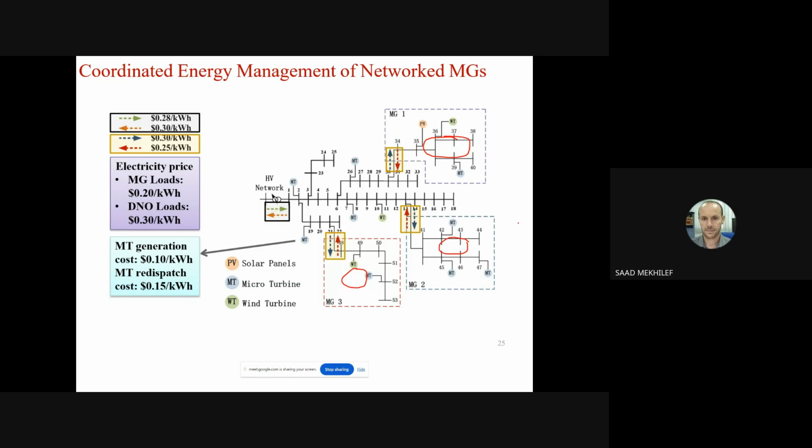Here you can see the power can be shared between the microgrids without going to the grid. This is between the microgrids, and this is between the grid itself. Here you can see the cost of electricity, and the cost if you buy from or sell to the neighboring microgrids. Right?